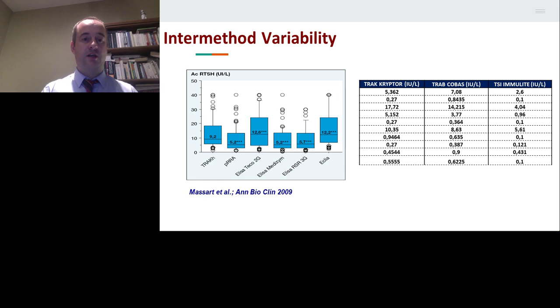We are progressing toward standardization, but however, there is still huge inter-method variability, illustrated in this slide by the testing for TSH receptor autoantibodies. As you can see, there are different absolute concentrations according to the different methods.